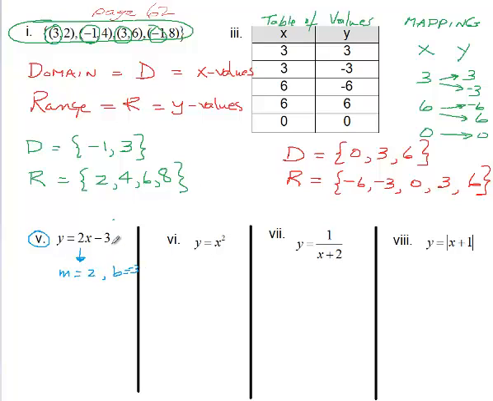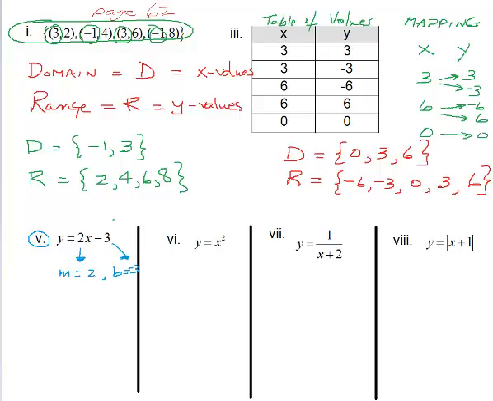Now if it's a line, then there are no restrictions on what x values x can be. Therefore, no restrictions on what y would be here. So the domain and range is every x value, every real number, in both cases, for both the domain and range. Difficult to explain, but better if you see it visually.